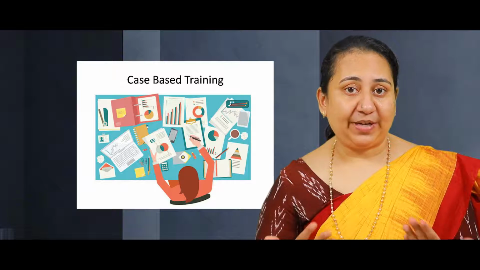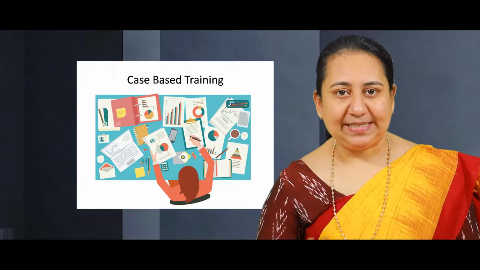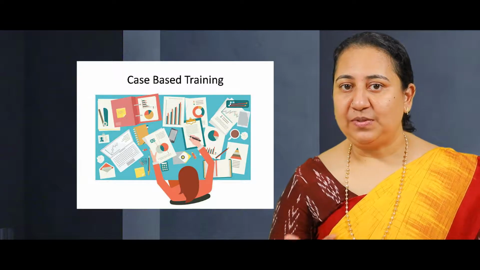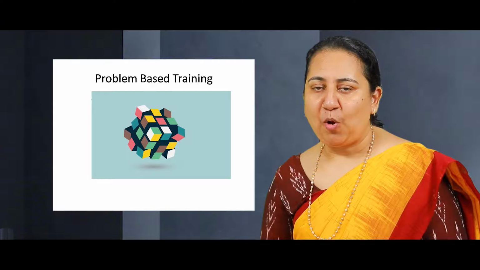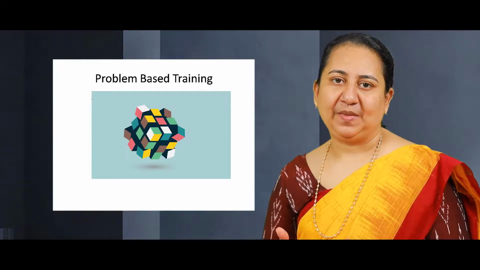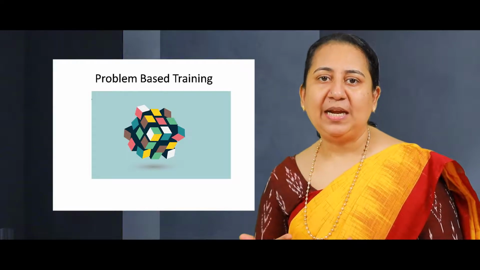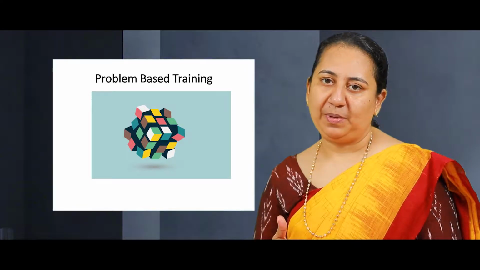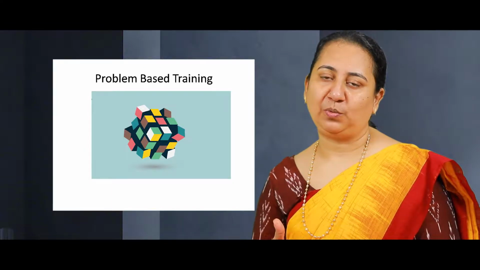It is a method of training the users utilizing real-world case studies that the learners work through throughout their course. The fifth technique is problem-based training. It provides opportunities to address broader learning goals that focus on preparing workers for active and responsible roles.